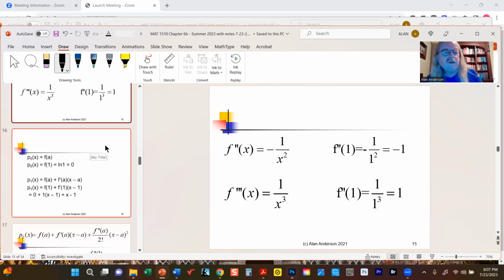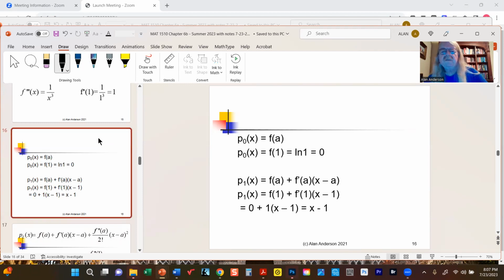All right, so here's what we're going to do. We're going to make some substitutions. The 0th Taylor polynomial, as it's called, simply equals f of a, which in this case is f of 1. So remember, the function is log of x. So we end up with f of 1, log of 1, which is 0. P1 is f of a plus f prime of a times x minus a.